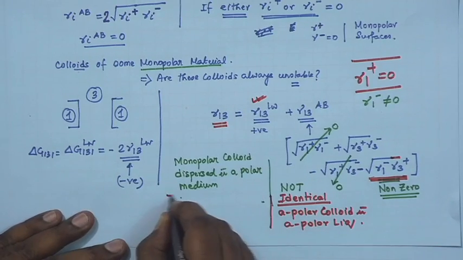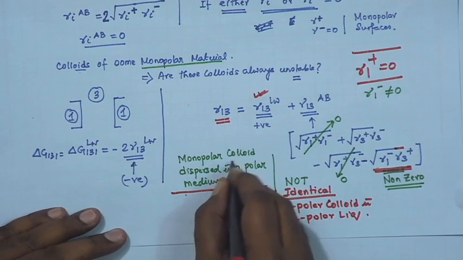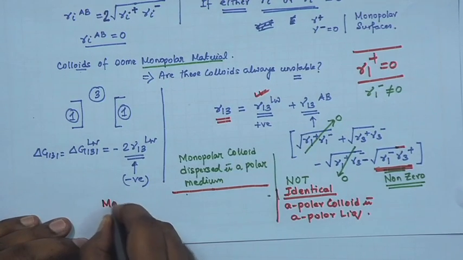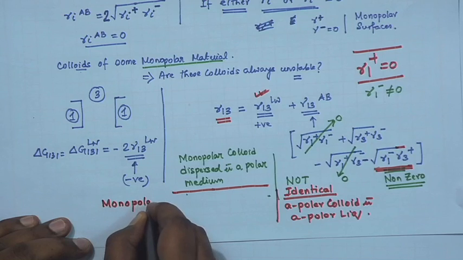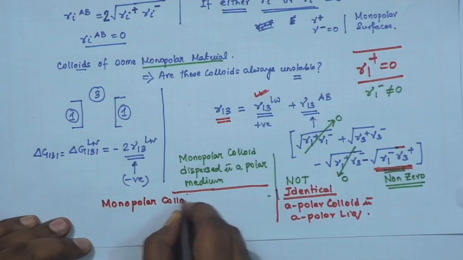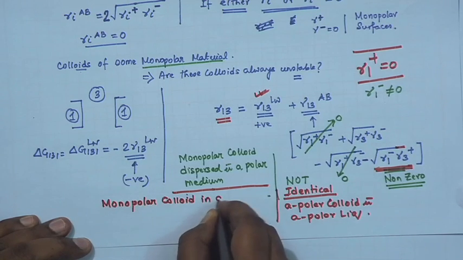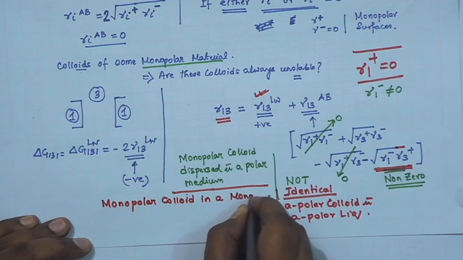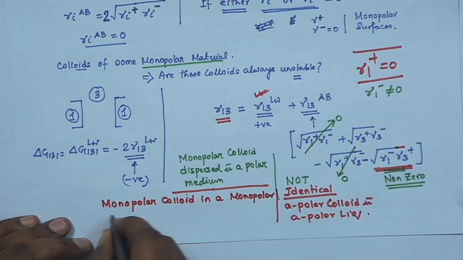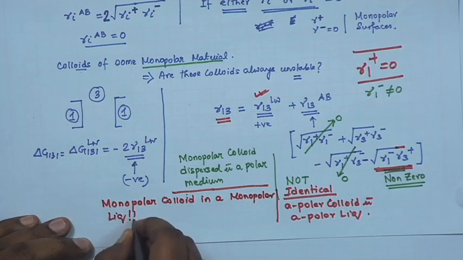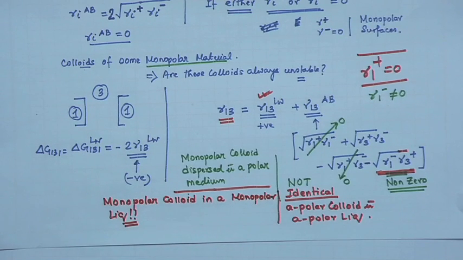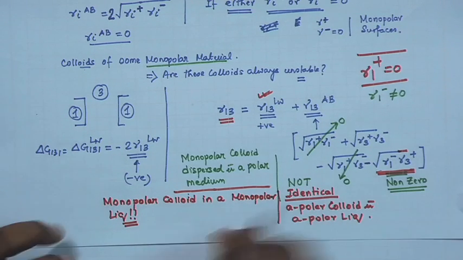One can further twist the question. What happens? You have a monopolar colloid in a monopolar liquid, and again do not jump into the conclusion, please try to find out what are the terms that are present.